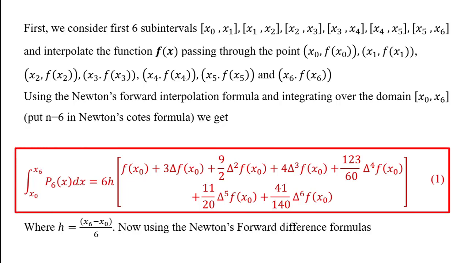Here h is the width of the subintervals, f of x0 is the value of the function at x0, 3 delta f of x0 is the first order difference, plus 9 by 2 delta square f of x0, the second order Newton's difference operator, and so on. Delta power 6 f of x0 is the sixth order Newton's difference.